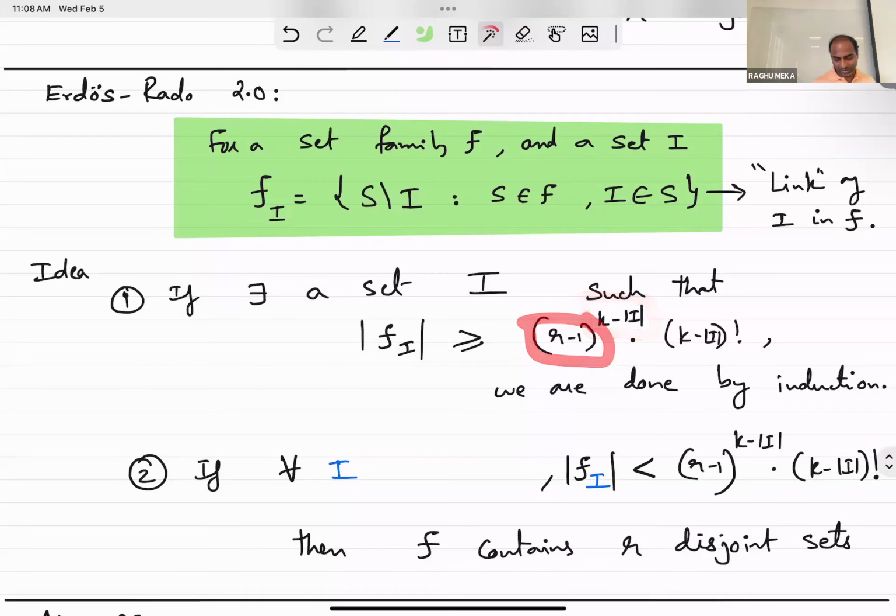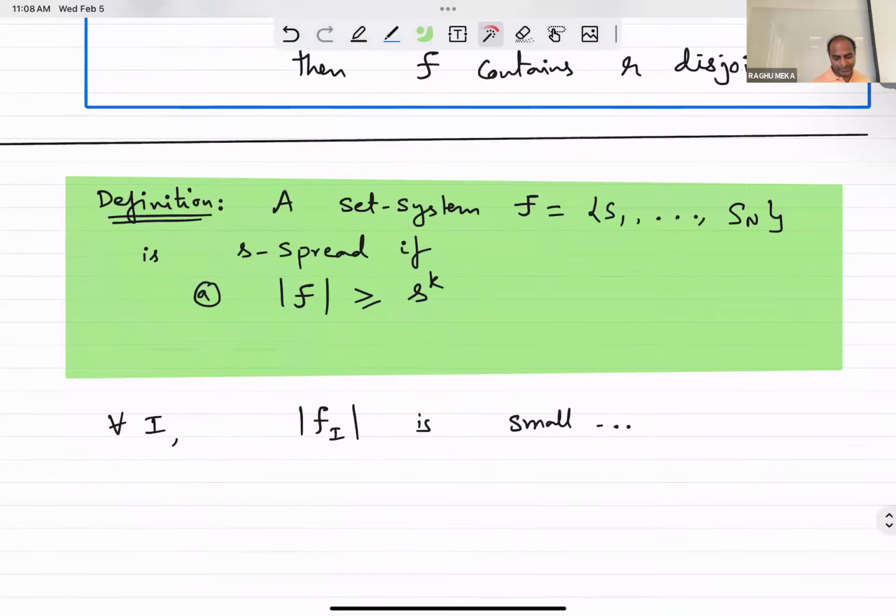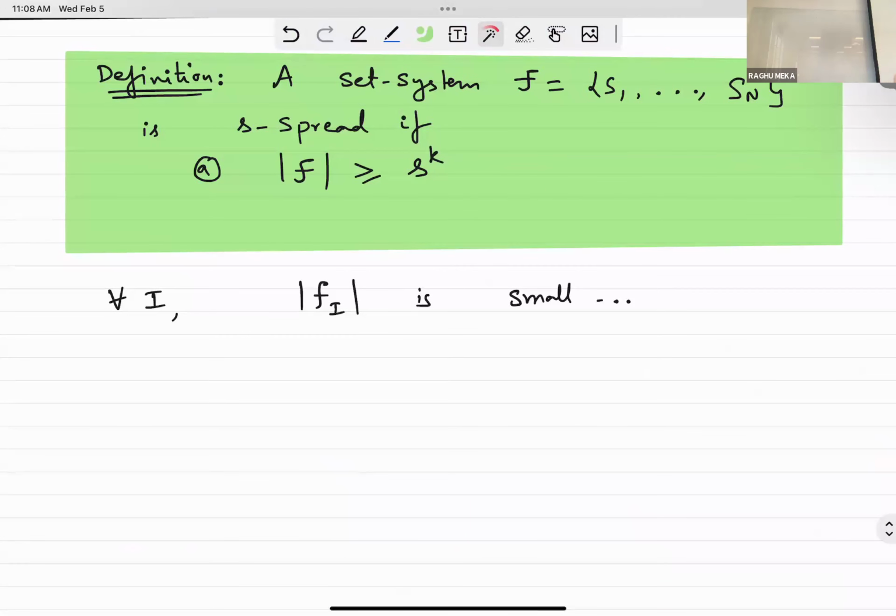You can also bring the base into the thing, but let's first try and get the exponent right. Okay. So F is S-spread if the family is big to begin with, but then for every I, the size of the link is small compared to the size of the family. All right. How small? Every element you add should cost you a factor of S in the size of the family.